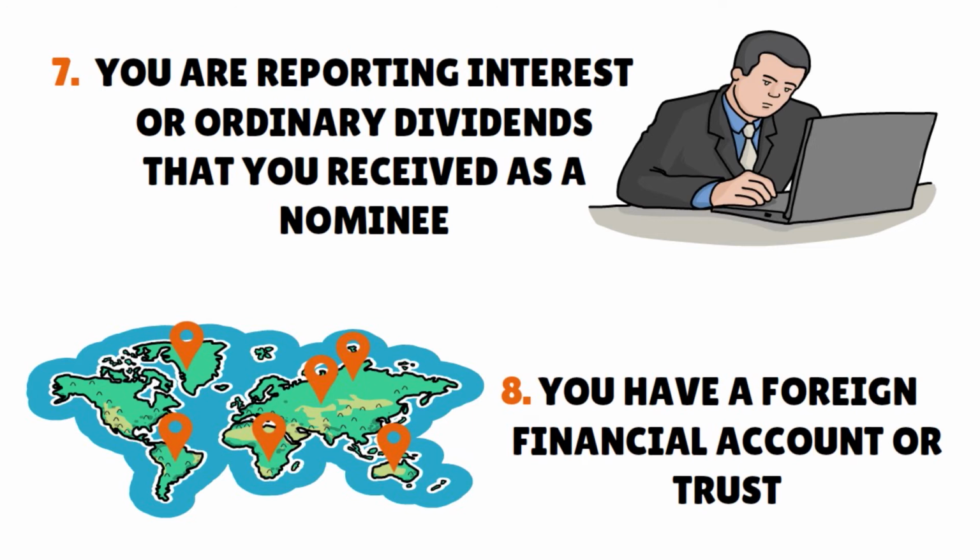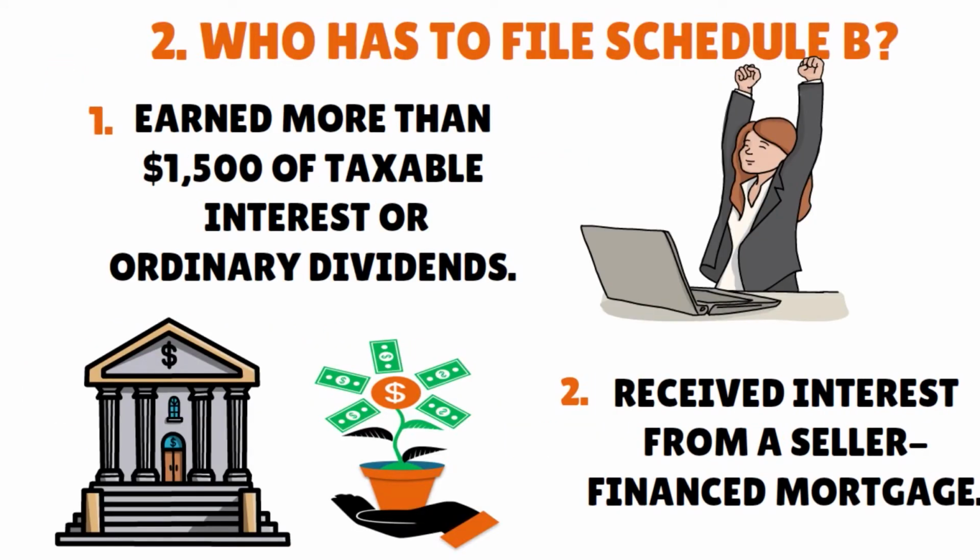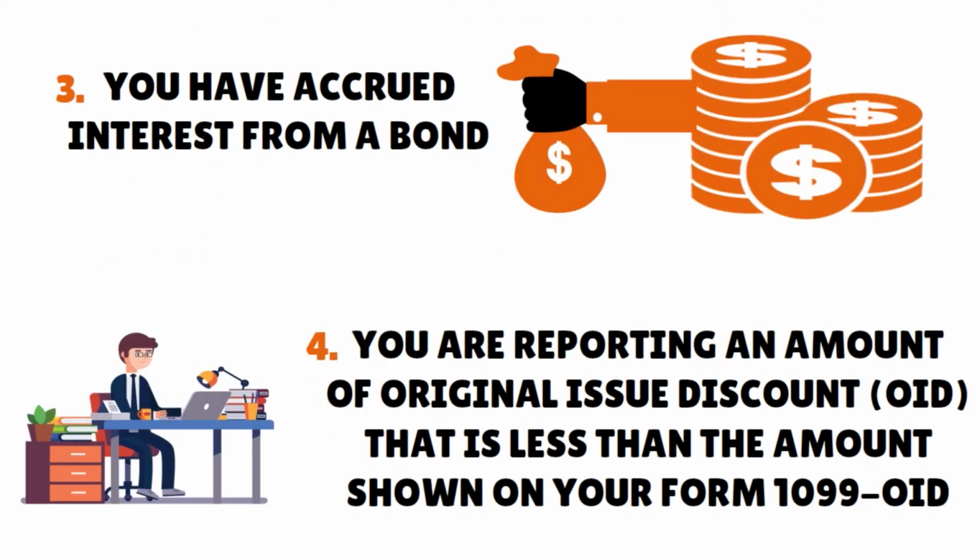So who has to file Schedule B? Just to quickly recap here, there are 8 scenarios. You earn more than $1,500 of taxable interest or ordinary dividends. You received interest from a seller finance mortgage. You have accrued interest from a bond. You are reporting an amount of original issue discount that is less than the amount shown on your Form 1099 OID.